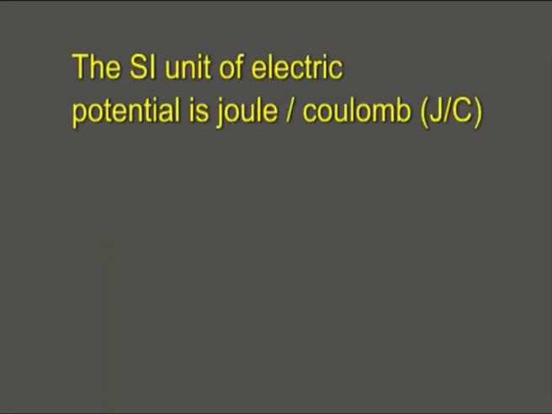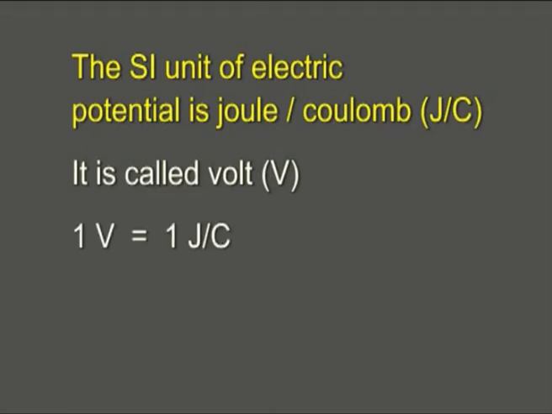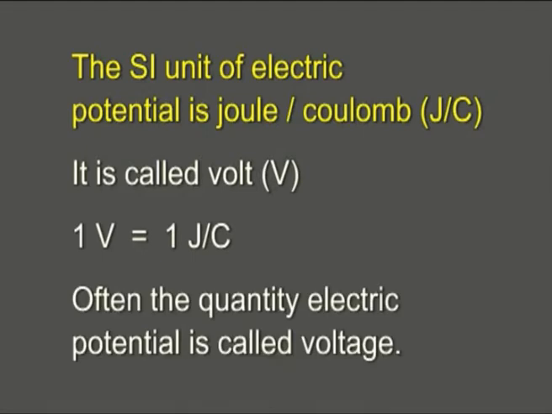The SI unit of electric potential is joule per coulomb. It is also termed volt, and here we have the relation 1 volt equals 1 joule per coulomb. Often the quantity electric potential is called voltage.